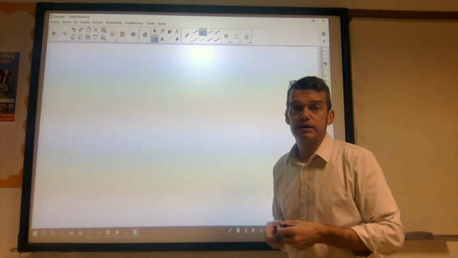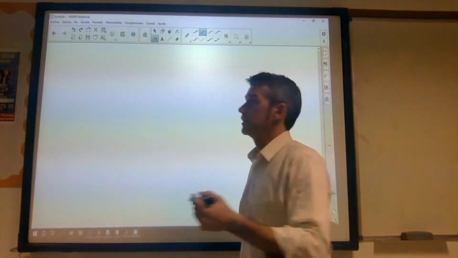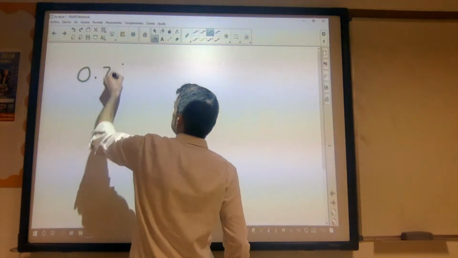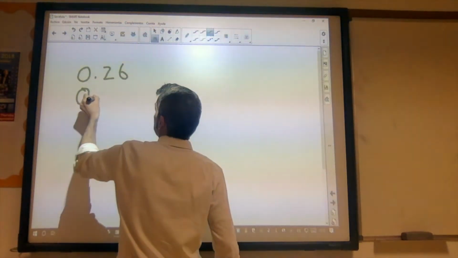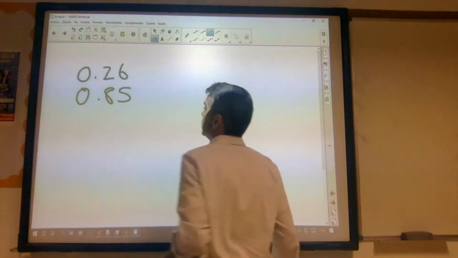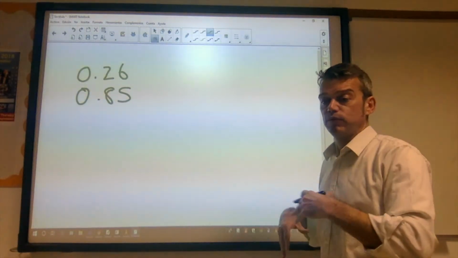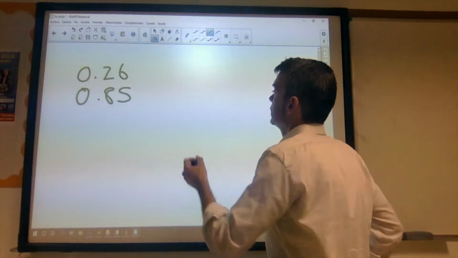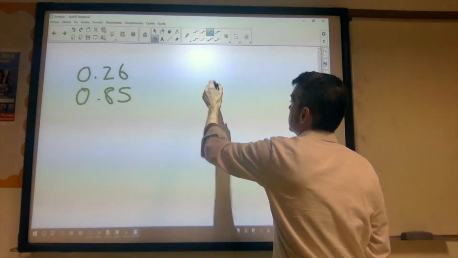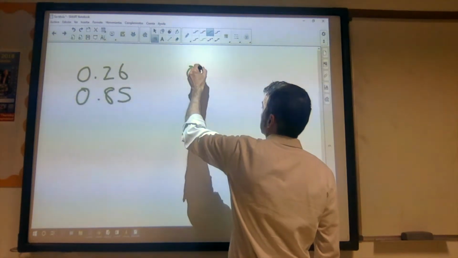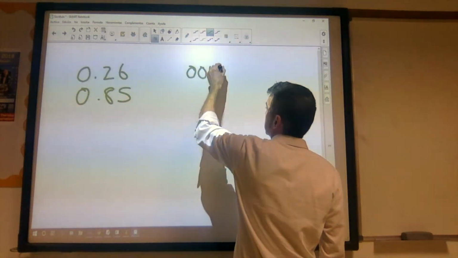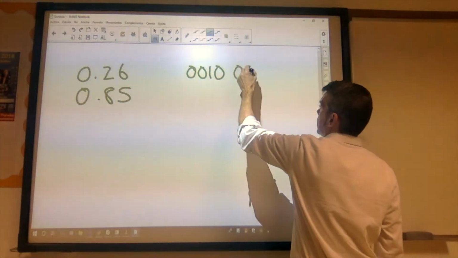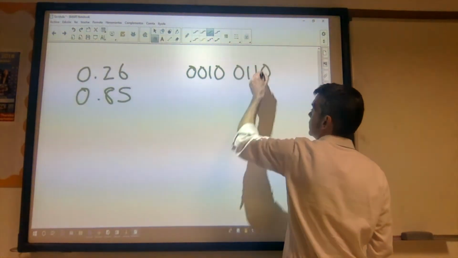If we take the example of 26 cents and 85 cents, so 0.26 and 0.85, and work out the binary coded representation, 2 would be 0, 0, 1, 0, and 6 would be 0, 1, 1, 0.